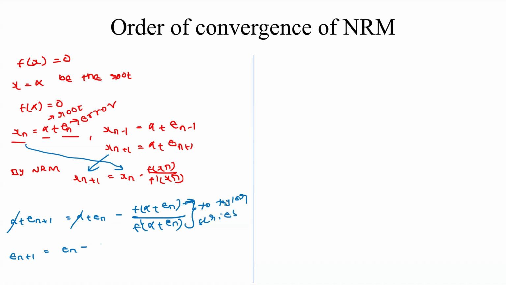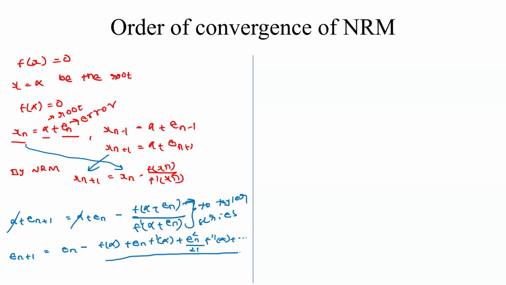So f of alpha plus en can be written in Taylor series as f of alpha plus en into f dash of alpha plus e square n by 2 factorial into f double dash of alpha plus, and so on.